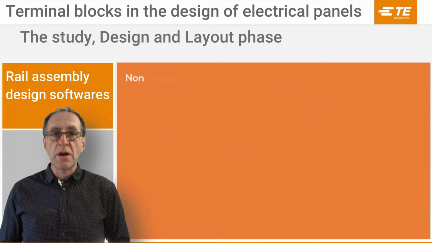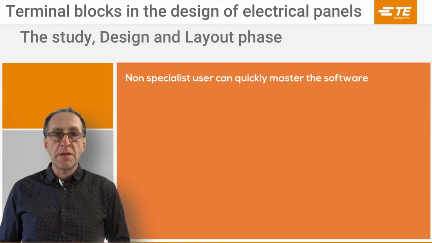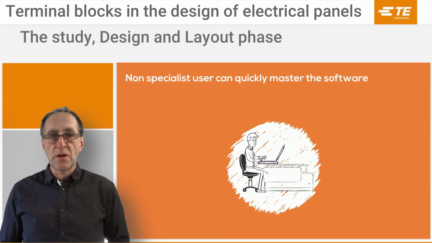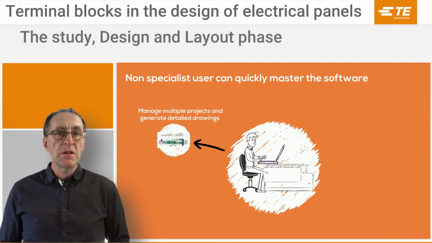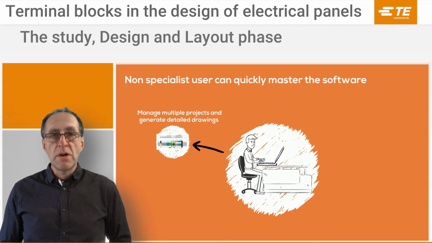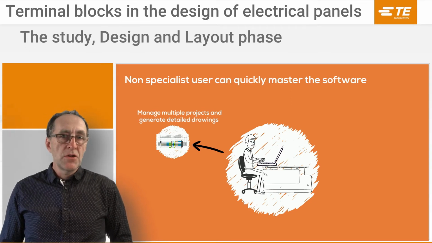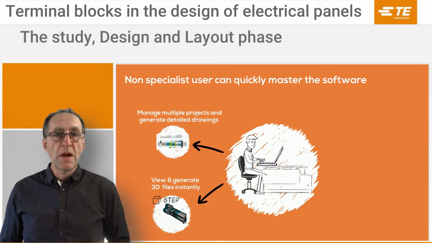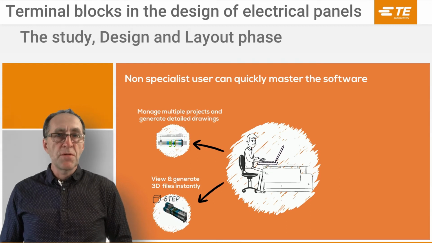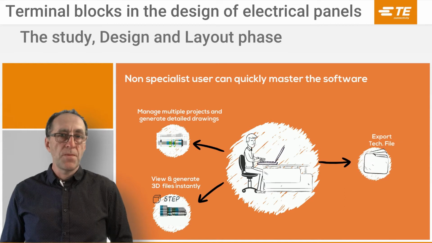To do so, the software should offer a simple and intuitive interface, such that any non-specialist users will be able to quickly master the software without any supervision and be guided to create advanced outputs, such as managing multiple projects and quickly creating detailed drawings with all tower blocks, related accessories and marking, generating 3D files to export in other CAD systems, and finally, generating a technical file with production drawing, part list, technical data and more.